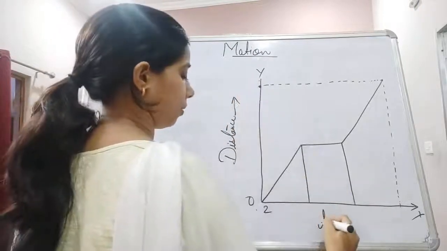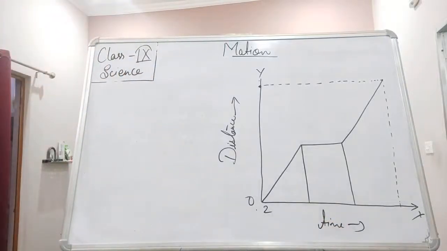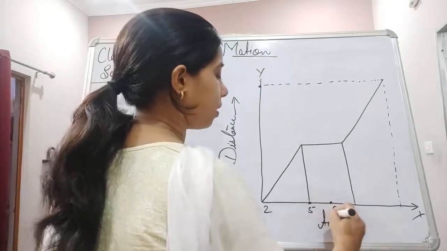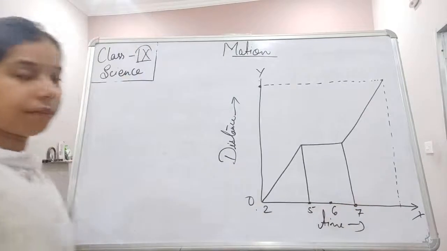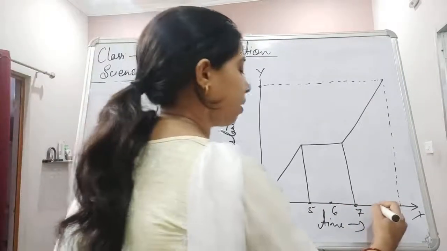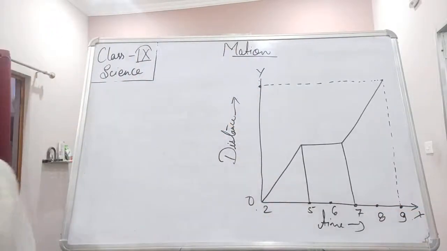This is time. And we can write it here. This will be at 5. Here it will be 6. This will be at 7. Then it will be at 8. Here it will be at 9.